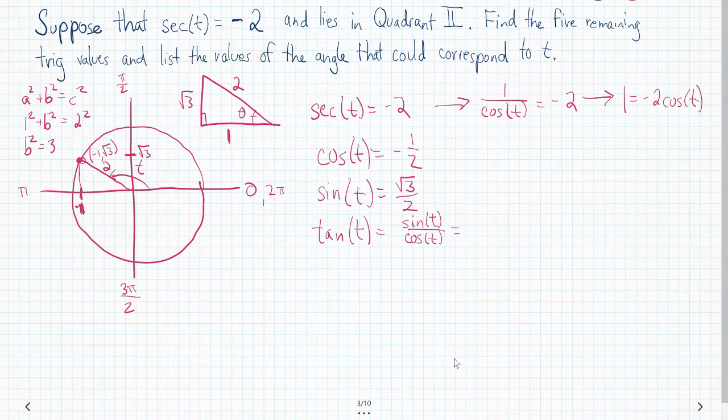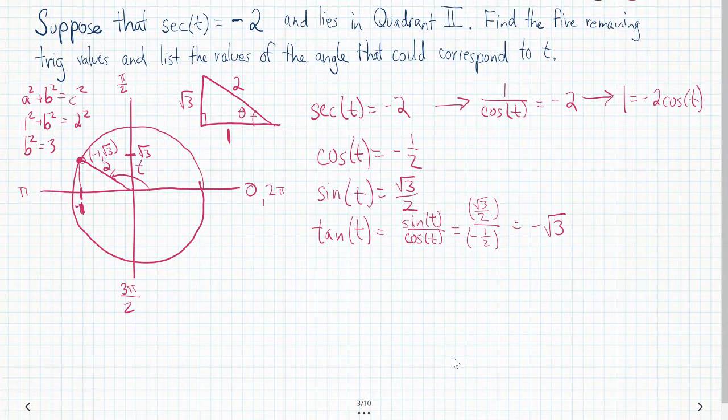Sine of t, we have that's square root of 3 over 2. Cosine of t is -1/2. Notice the 2's will cancel with each other, so you're left with negative from the -1/2, and then you have a square root of 3. And we had negative before on that tangent value. So now secant we already have, don't need that anymore.